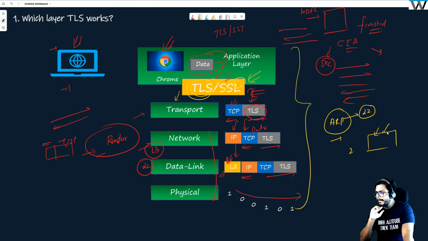Can we run OSPF or EIGRP in between the IPsec? Yes, we can, without GRE? At the end of the day, mostly we run IPsec over GRE.